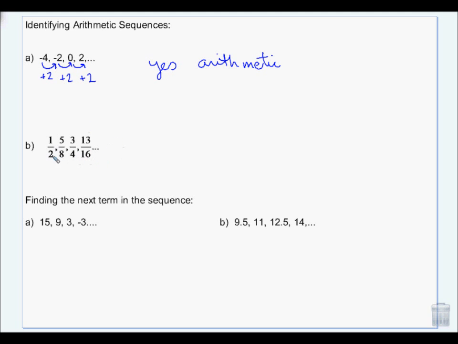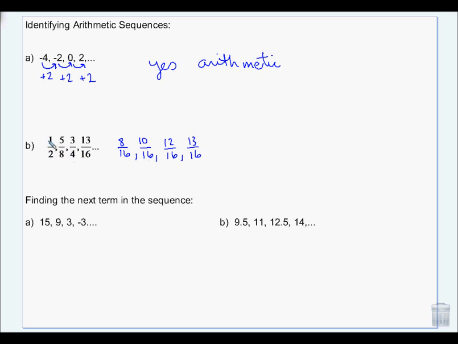To turn a 2 to a 16, I multiply the top and the bottom by 8. To turn an 8 into a 16, I multiply by 2. To turn a 4 into a 16, I multiply by 4. And 13/16 is the same, because it's already 16. So I gave myself my common denominator of 16.